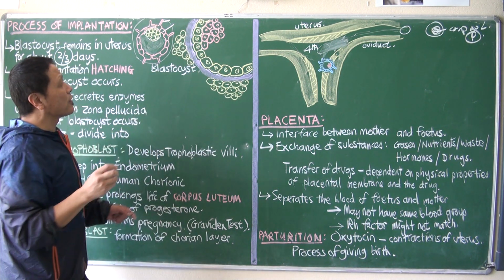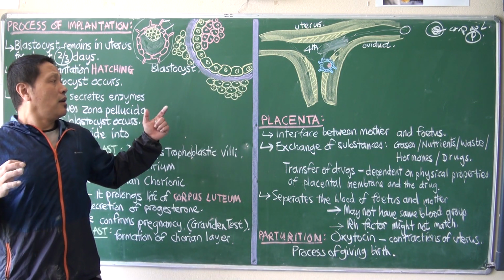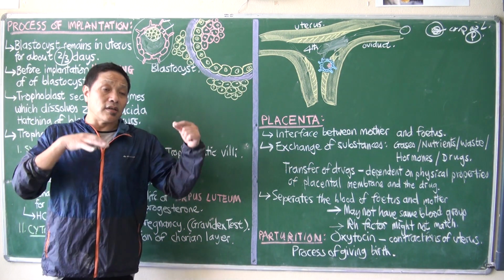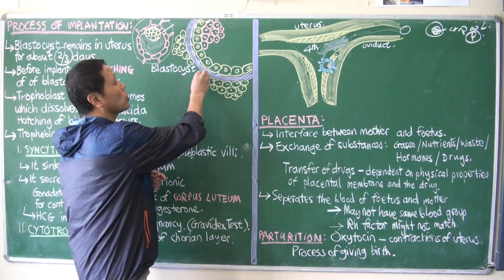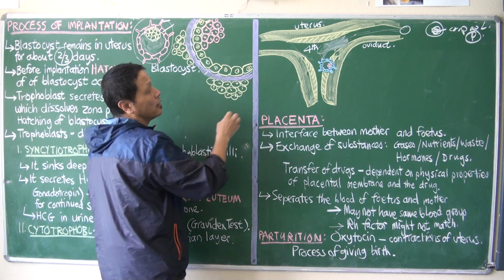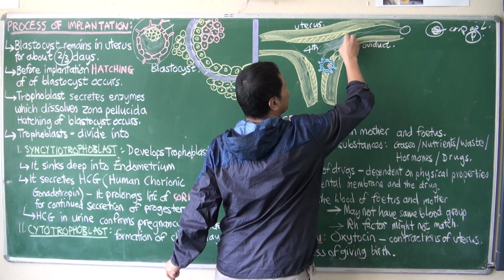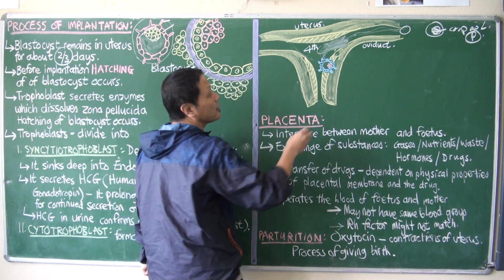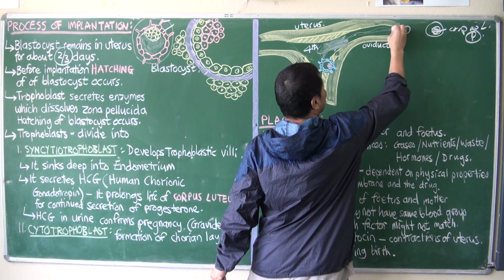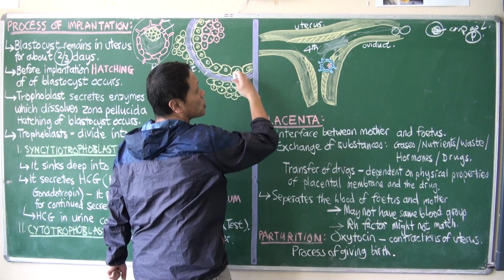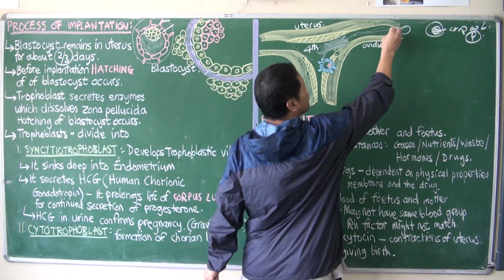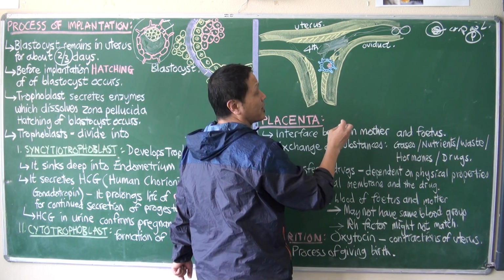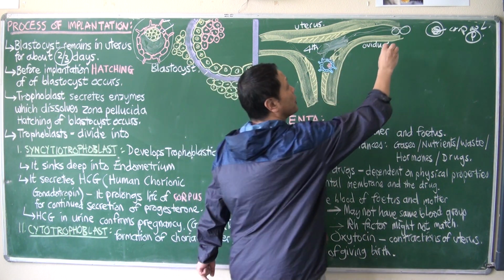The work of the zona pellucida is a little more than just preventing further entry of sperm cells. If the zona pellucida breaks off as it is traveling down the oviduct, then the attachment of the blastocyst will occur in the oviduct itself. Now this is going to cause problems, and that has to be operated and removed.